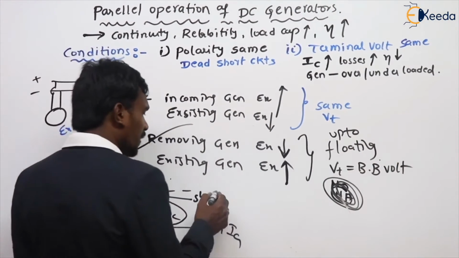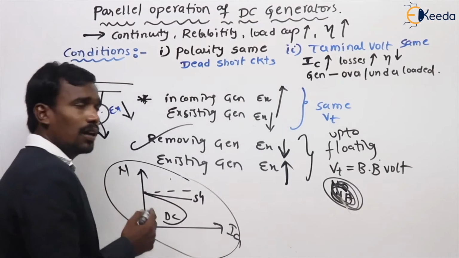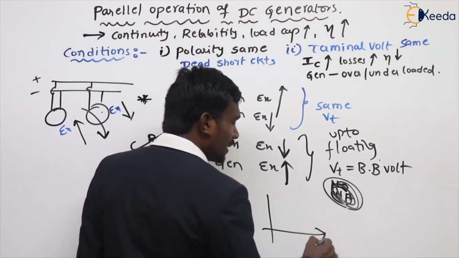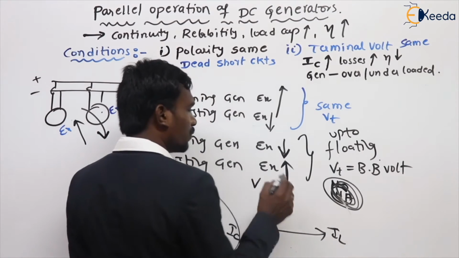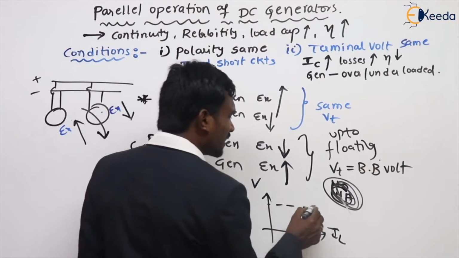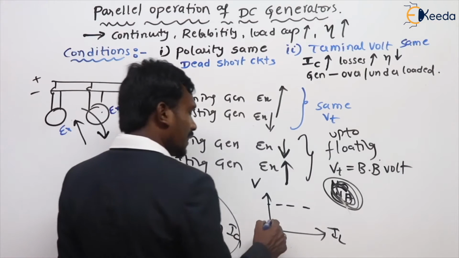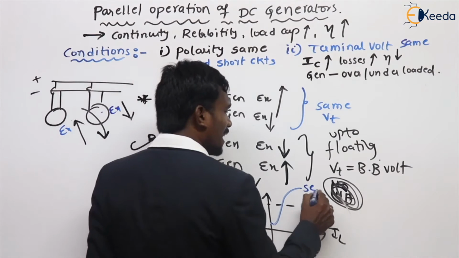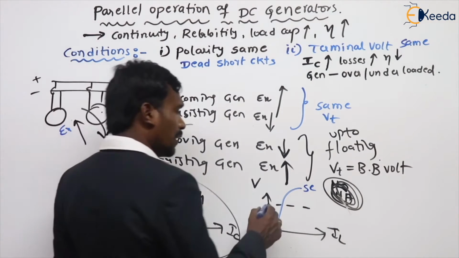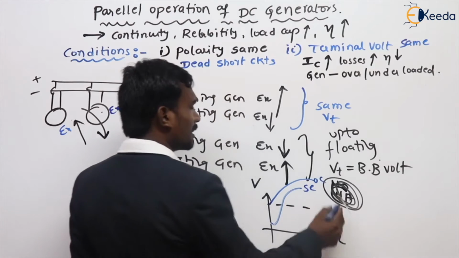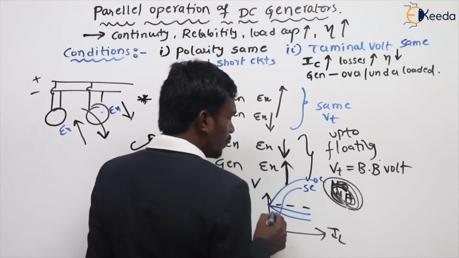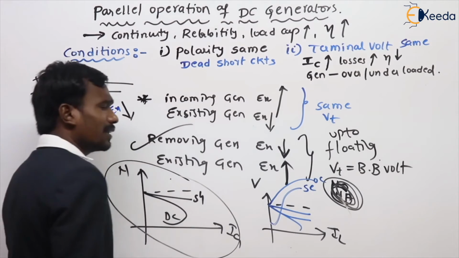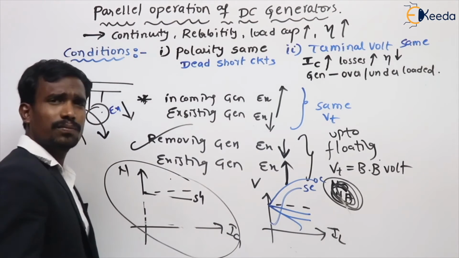And this is for motors, whereas for generators, this is the load and this is the voltage V. For a series generator the characteristics are like this. For an over compound generator the characteristics are like this, but for shunt, under compound and differential compound the characteristics are like this.